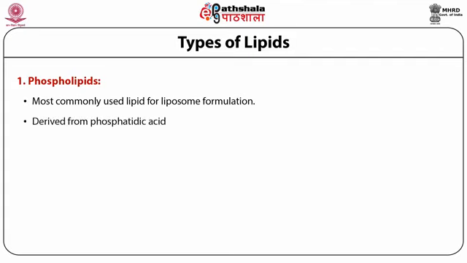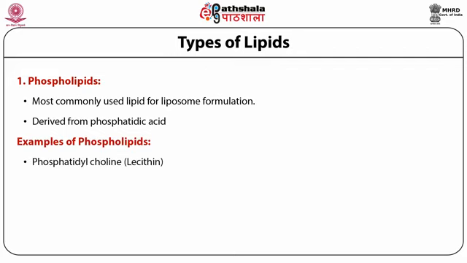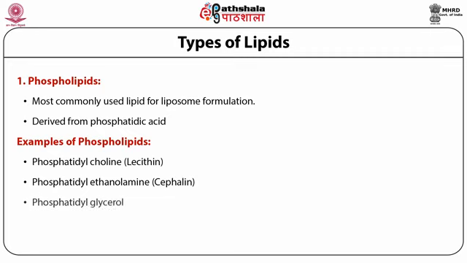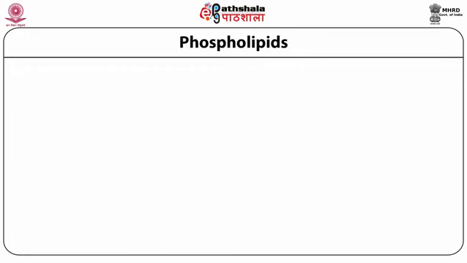Phospholipids are derived from phosphatidic acid. Following are the different types of phospholipids: phosphatidylcholine, lecithin, phosphatidylethanolamine, cephalin, phosphatidylglycerol, phosphatidylserine, and phosphatidylinositol.